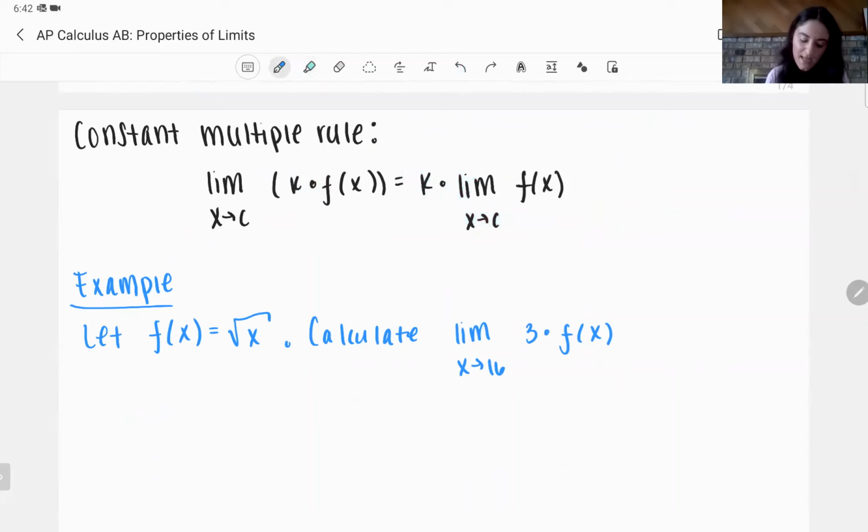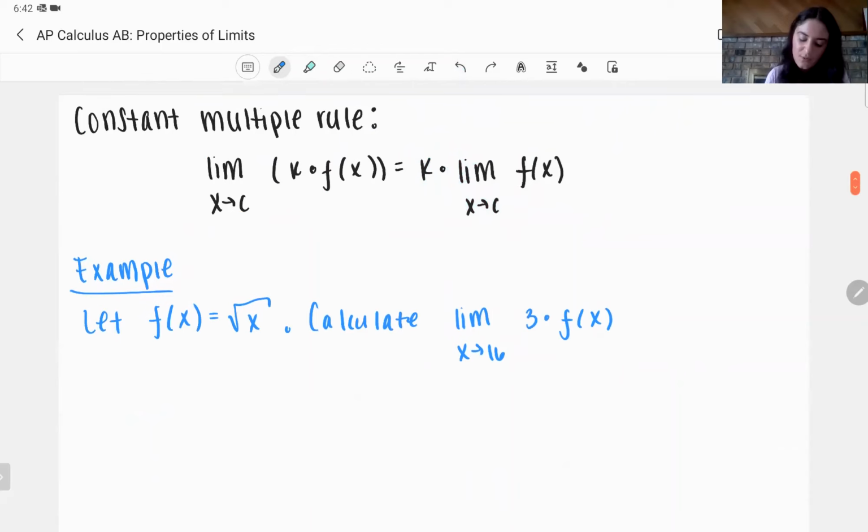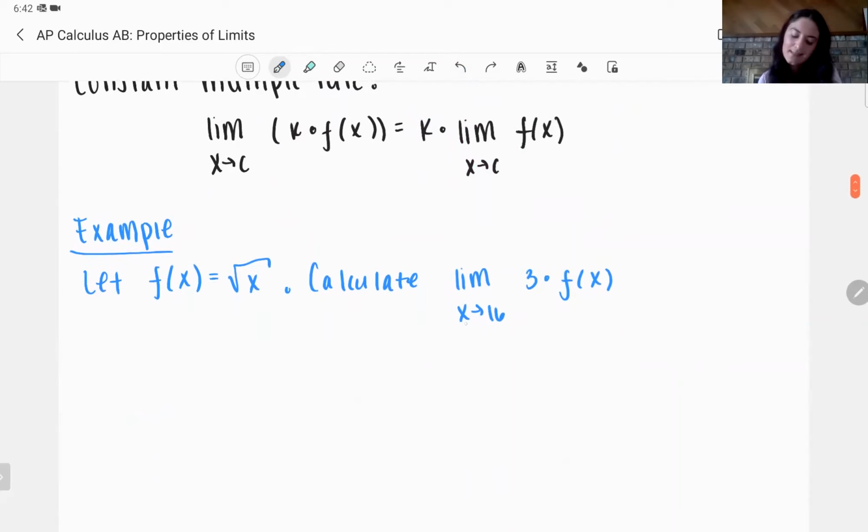So in our example, we have let f of x equal square root of x, calculate the limit as x approaches 16 of 3 times f of x. So our rule says that first we can just calculate the limit as x approaches 16 of f of x. Okay, f of x is a square root of x.